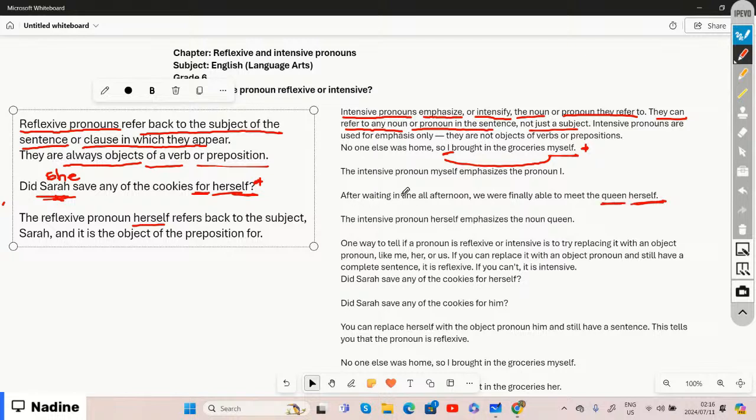Because here it says, after waiting in line all afternoon, we were finally able to meet the queen herself. So, who is the herself? That is the queen that they're referring to. So the emphasis is being put on the queen, and our intensive pronoun is herself.